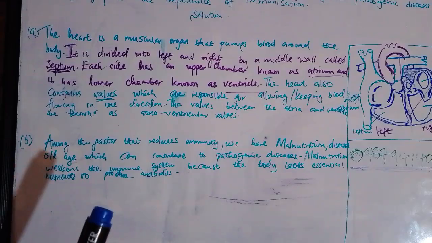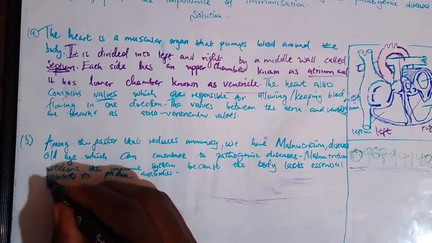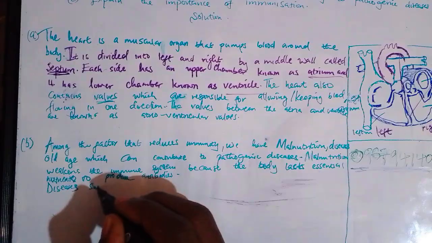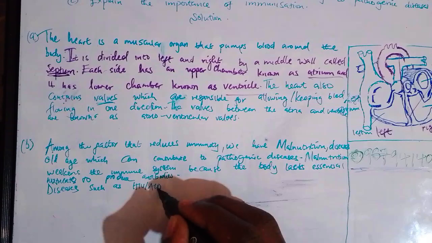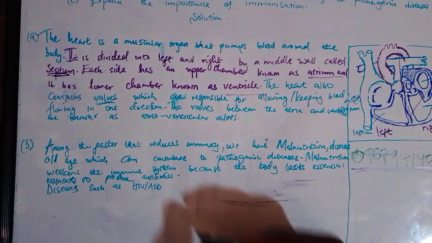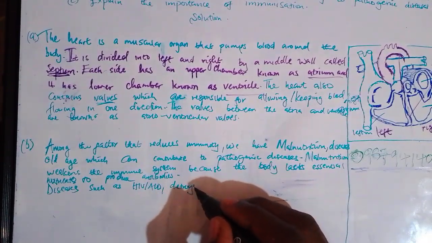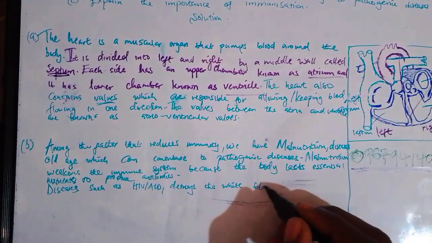Then the second point we said is what? Diseases. So we have diseases such as HIV and AIDS. So this disease, HIV and AIDS, it destroys white blood cells. So whenever you have HIV and AIDS, it destroys the white blood cells.